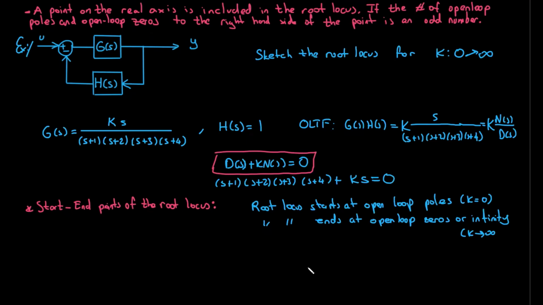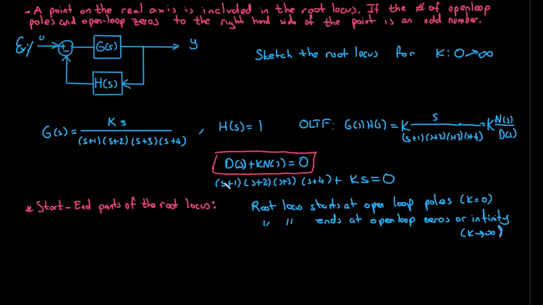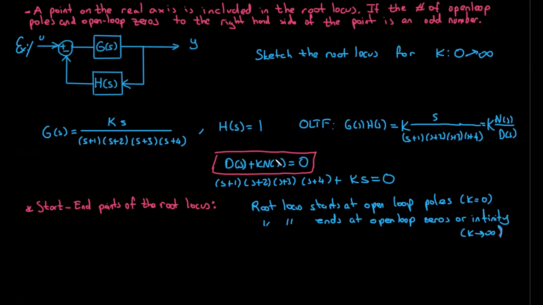And as K goes to infinity, we are still looking for the solution to this equation, but the numerator, the N(s) term, is dominating now. So if K goes to infinity, the D(s) term can be neglected, and the roots will be approximately equal to, not exactly, the open loop zeros.